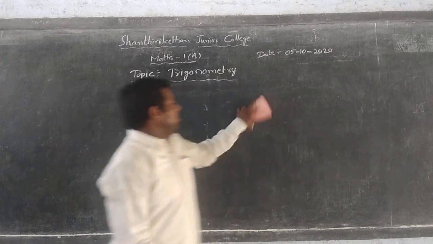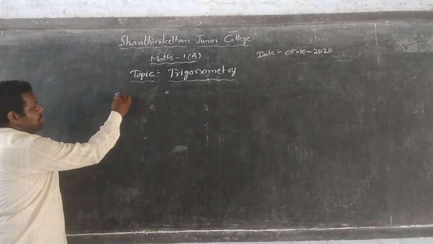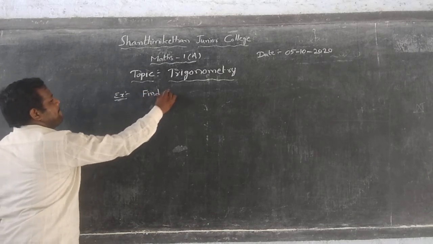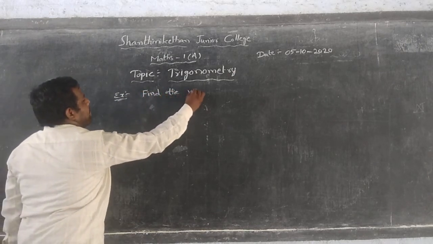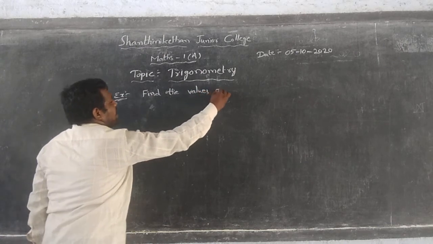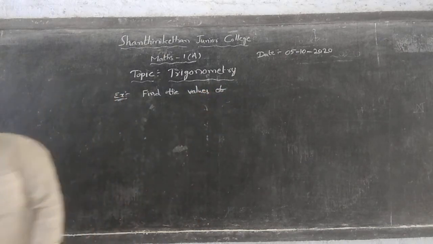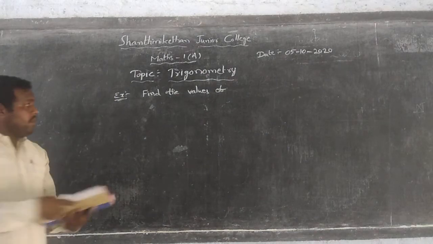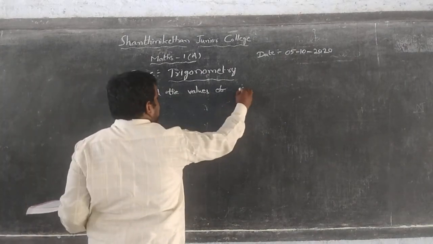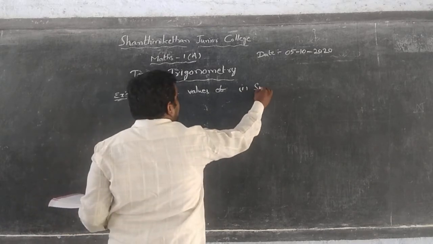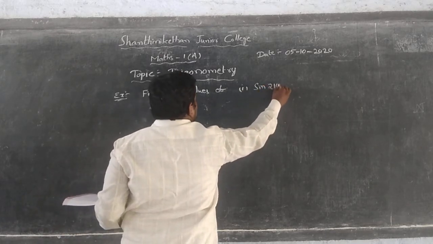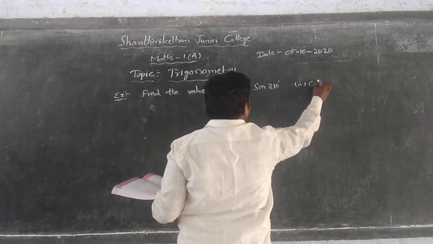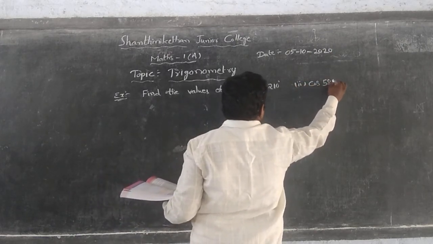For example, find the values of: first one, sine 210 degrees. Second one, cos 585 degrees.